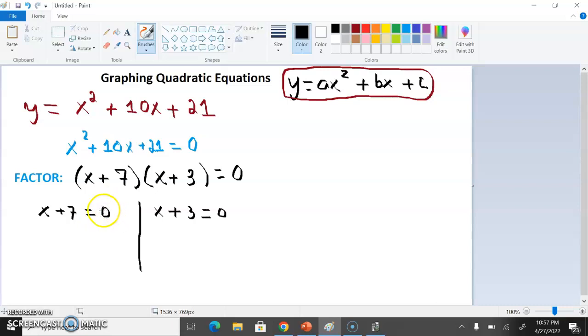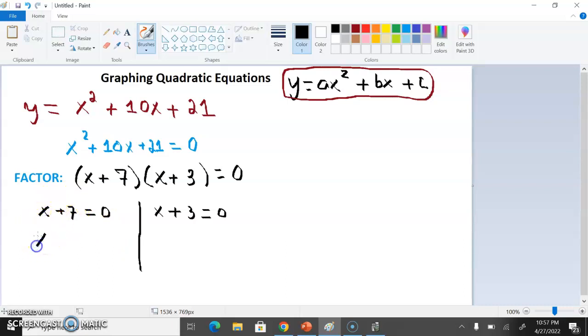And for a quadratic equation, we should have two solutions if the parabola is going to cross the x-axis at two points.